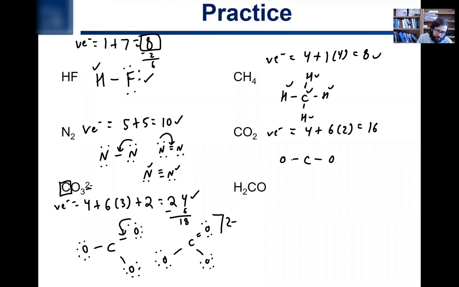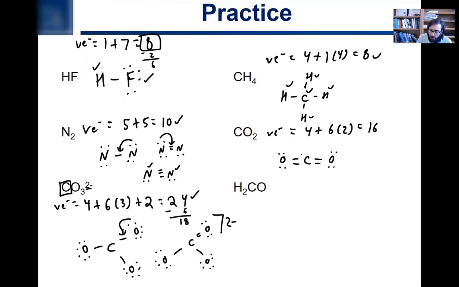And at this point, you can see that we have a problem, right? We're going to have multiple bonds being formed here because we need an octet for oxygen, right? For carbon. So let's just go ahead and do that. 2, 4, 6, 8. Carbon now is happy. And now oxygen is not going to be happy. And so let's satisfy the octet rule and see if this works out.